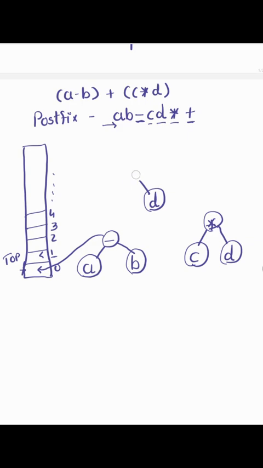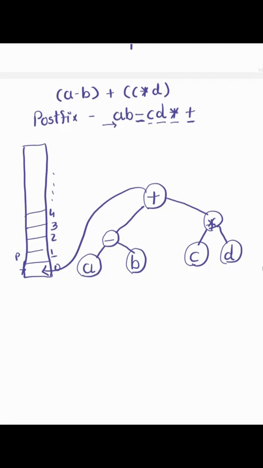I remove it from here. Then I pop this as well, and this becomes my left child. Then as a parent I apply the operator, and I push it to my stack again. So now this would be my top.